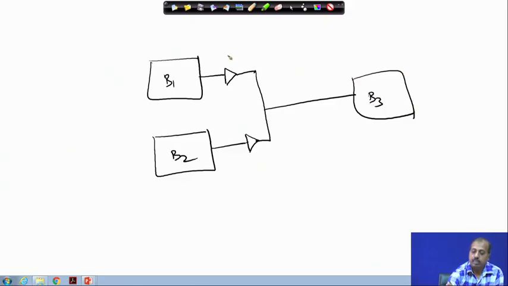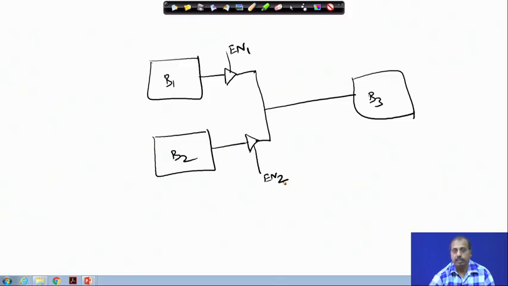Now, this is enable 1 and this is enable 2. The B1 output will come to the input of B3 if enable 1 is high, and likewise the B2 output will come if enable 2 is high.